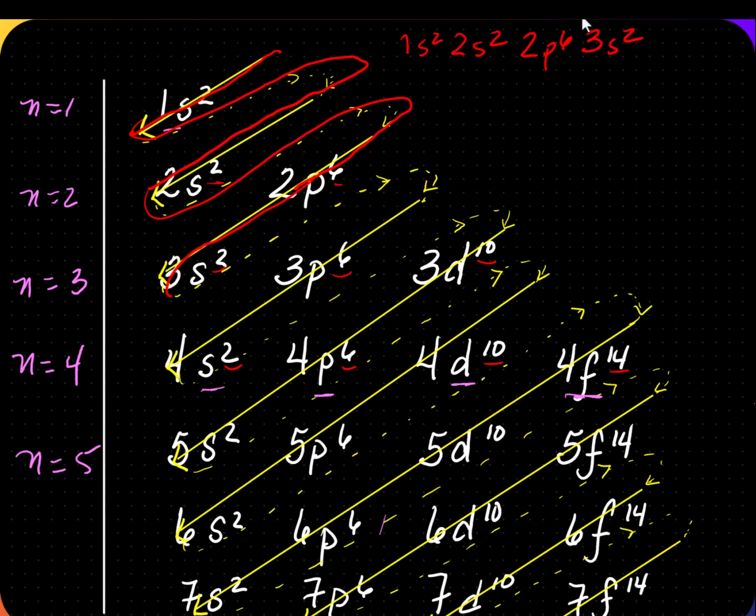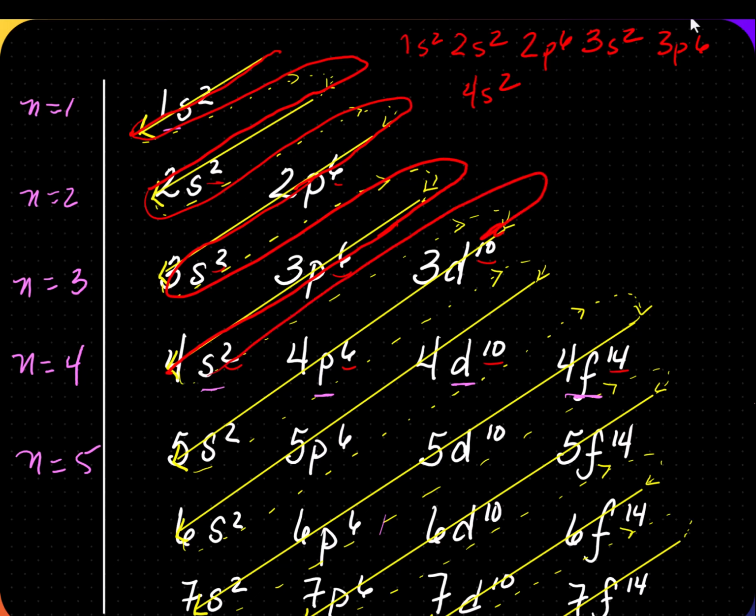And then we go to the next one, which is 3p6, followed by 4s2 right here. And again, we go to the right. We start from the right, and then we fill 3d10, 4p6, and then 5s2.